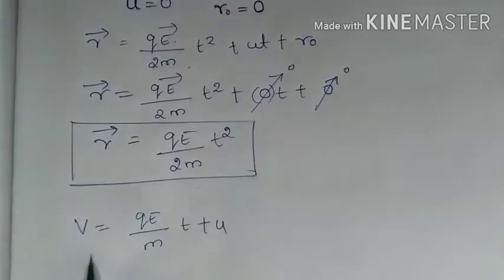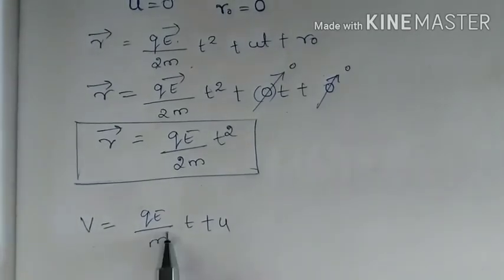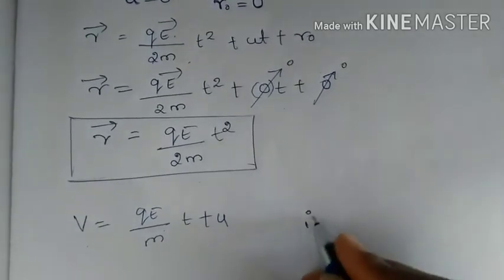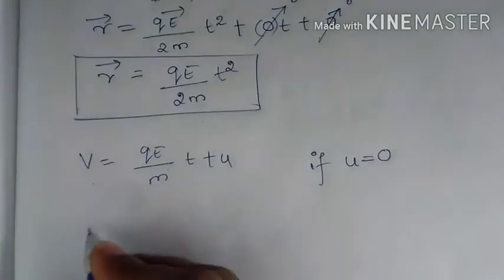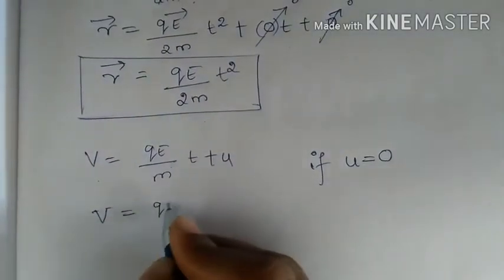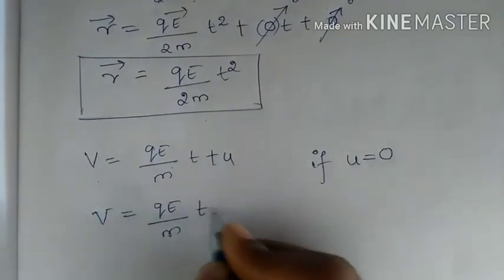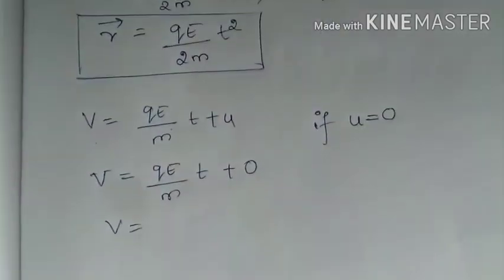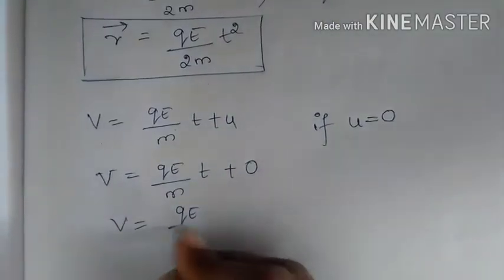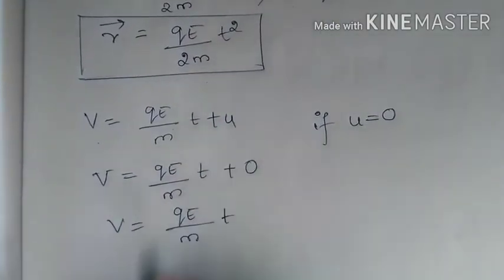This was for r and this is for velocity. If the initial velocity is 0, then what will be the final velocity? v is equal to QE divided by m t plus 0, so v is equal to QE divided by m, multiplied by t.